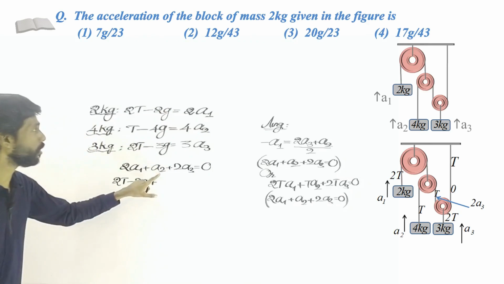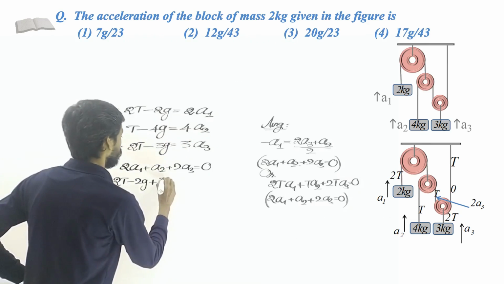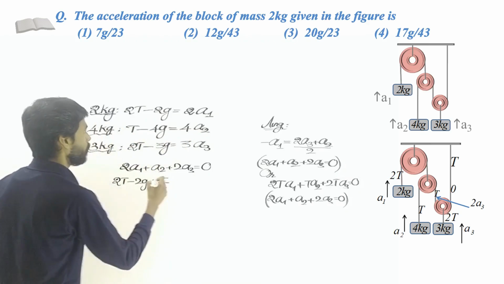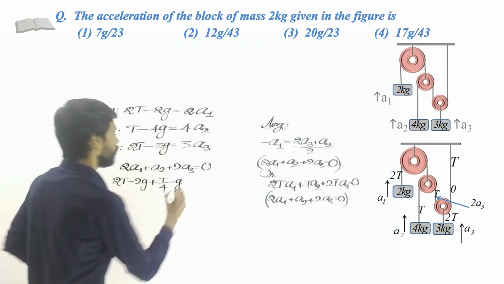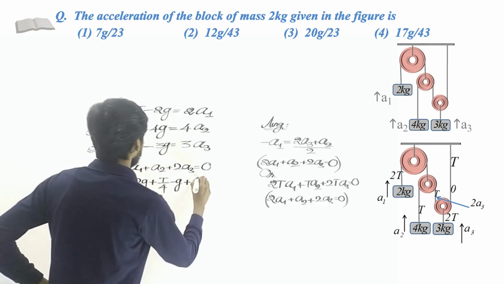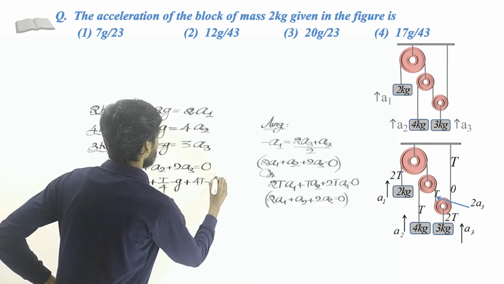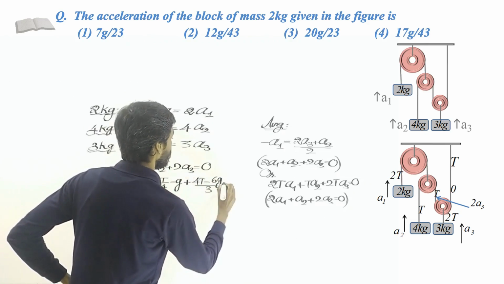Plus a2, which is this divided by 4, so T by 4 minus g. And similarly 2a3: multiply this by 2, so this is (4T minus 6g) divided by 3. So this equals 0.